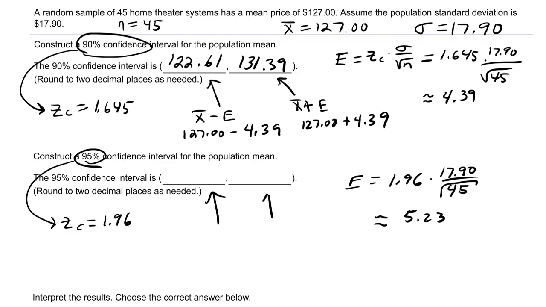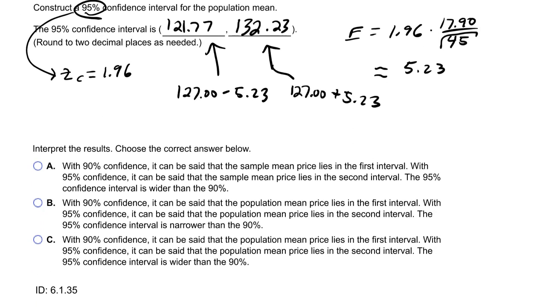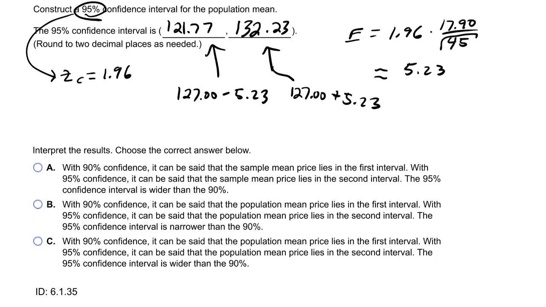Again, I'm just going to take x bar, which is 127.00, and subtract 5.23, and I'm going to take x bar and add 5.23, and that's going to give me 121.77 to 132.23.